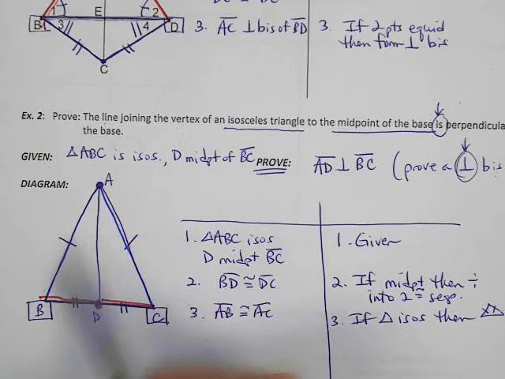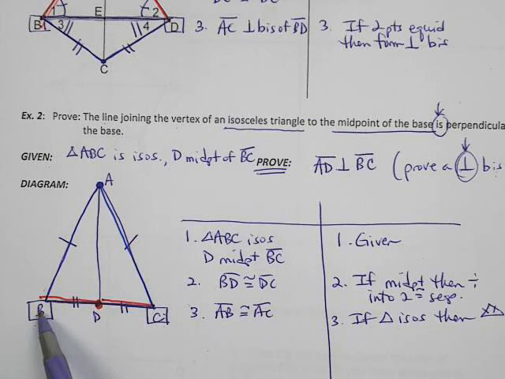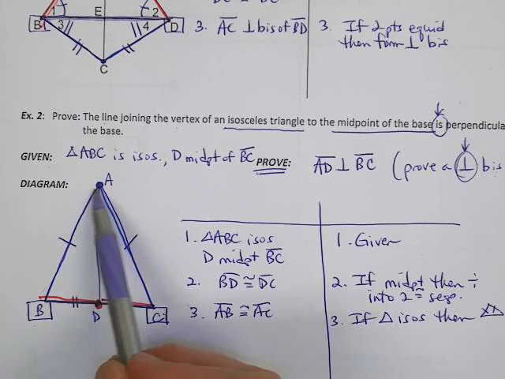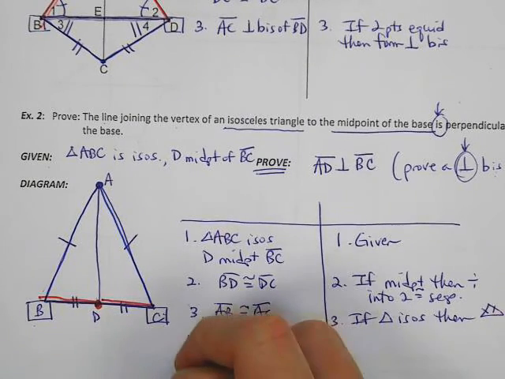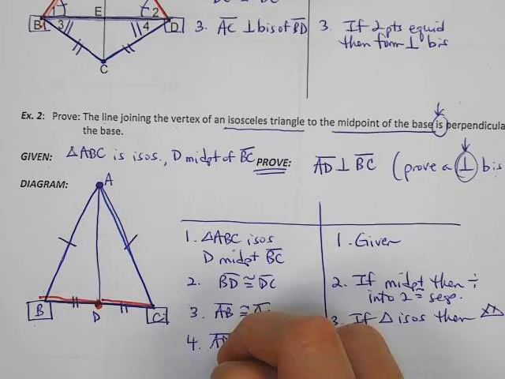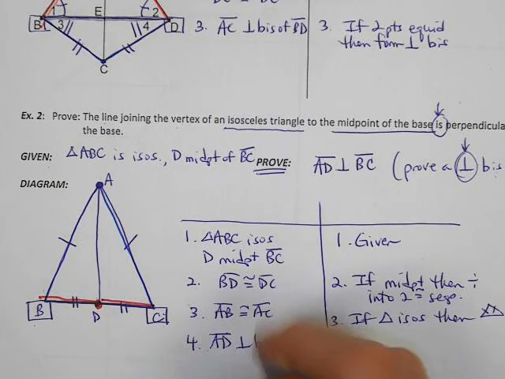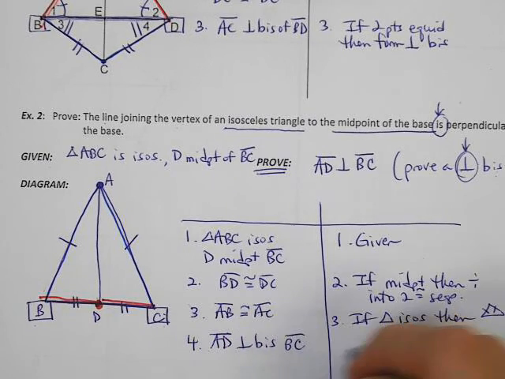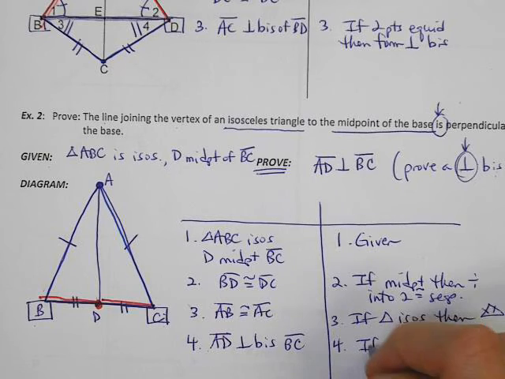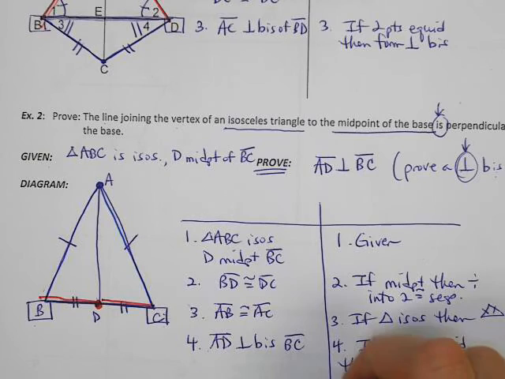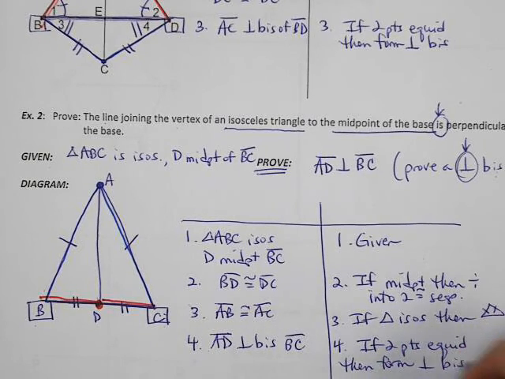Now I have A that's equidistant from the endpoints of the segment. I have D that's equidistant from the endpoints of the segment. So together, those 2 points, A and D, form the perpendicular bisector of BC by my new theorem. If 2 points are equidistant, then they form the perpendicular bisector.